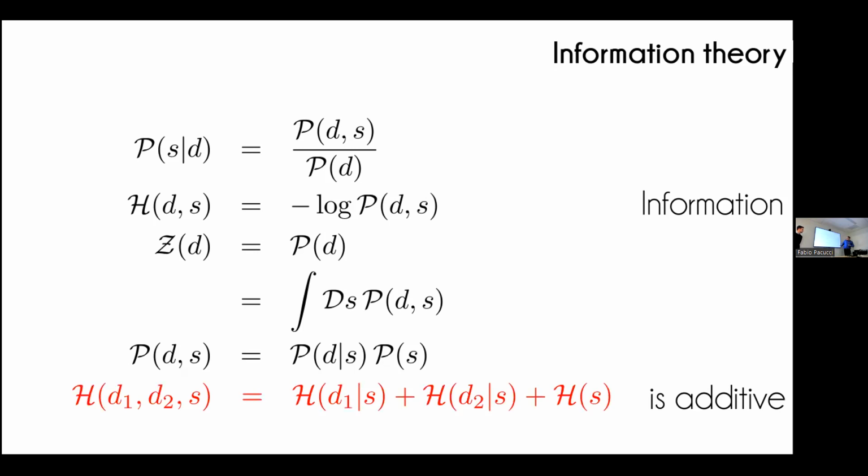Okay, it's additive. So if you have two instruments producing data 1 and data 2, and they were independent, then you can just add them up. If they were dependent, well, then you put the dependency into the measurement process here.